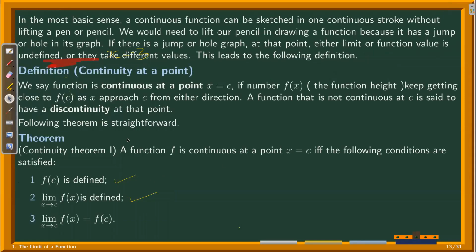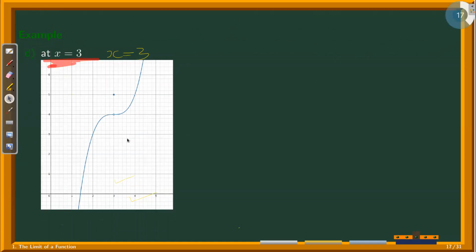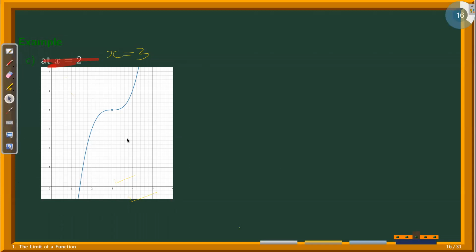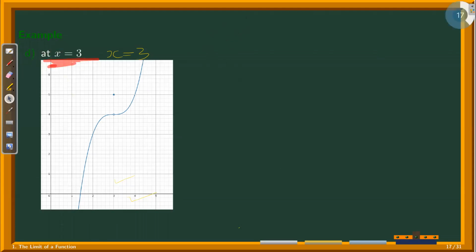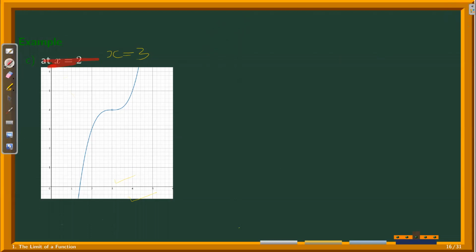Second and third, okay, but the third condition is the strongest one here. So I would say this, no? f(3), if you have this one, f(3) is not defined, no? So it's the first condition, no? The third one is also broken, but we don't have to go that far to check because the first is broken, okay. You will understand why I say this when you look at the next example.